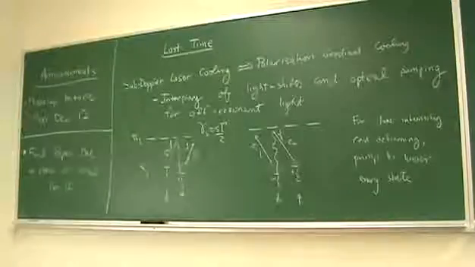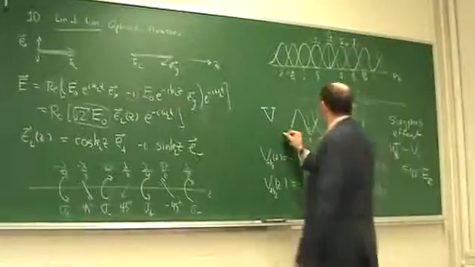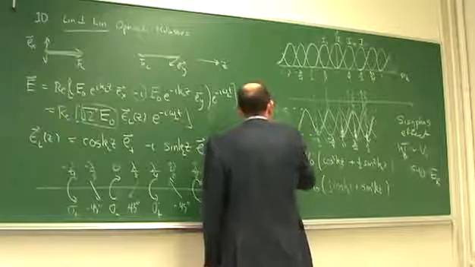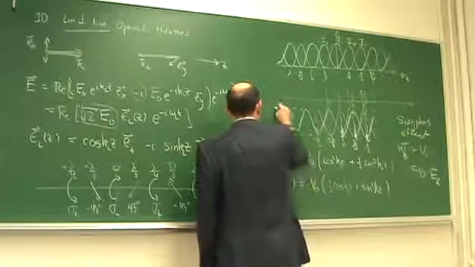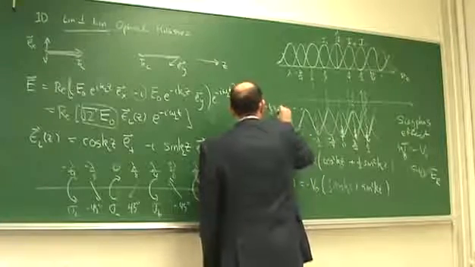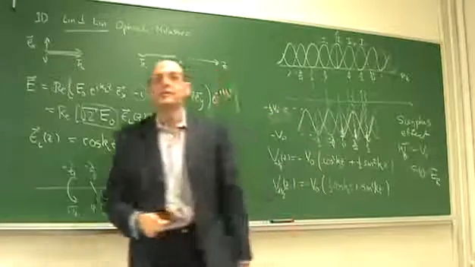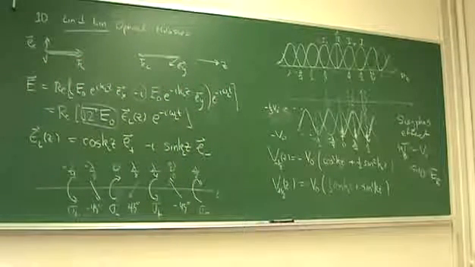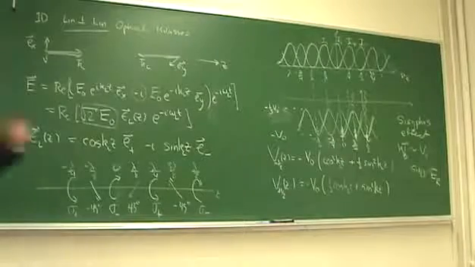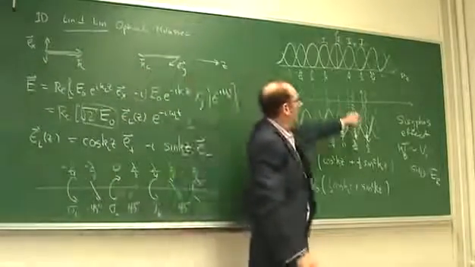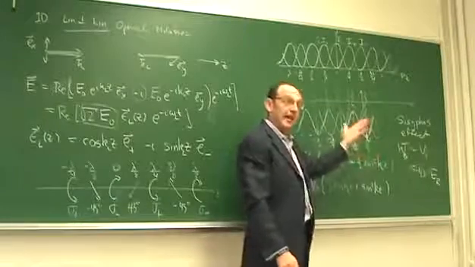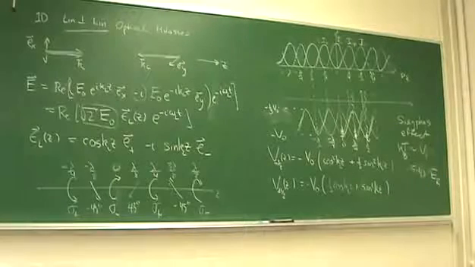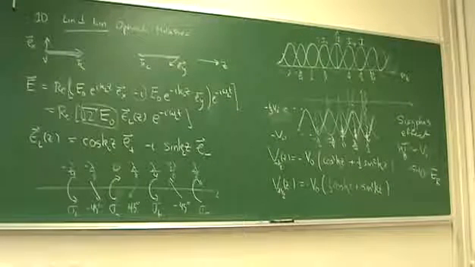So what's sketched here is the potential, which goes down by an amount V0 up to a third V0. So the peak to peak is 2/3 of V0, which is expected. That's the difference in these two light shifts. And it varies periodically as a function of space, because the intensity in sigma plus and sigma minus is varying periodically as a function of space.